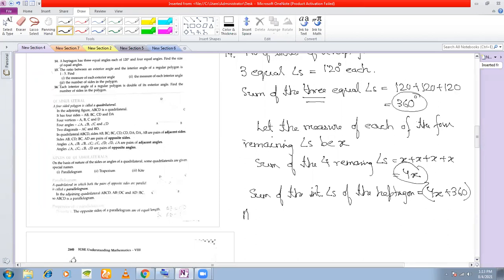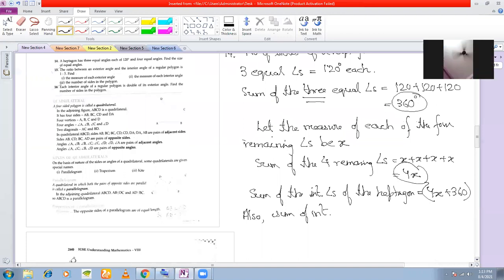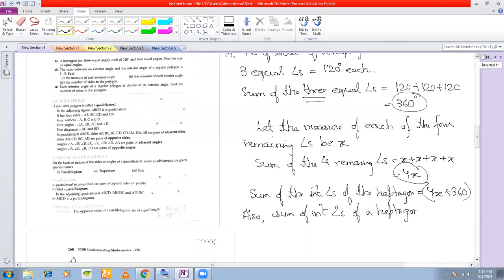Also, from the formula, what is the sum of the interior angles of a heptagon? Sum of interior angles of a heptagon is equal to (2n minus 4) into 90.